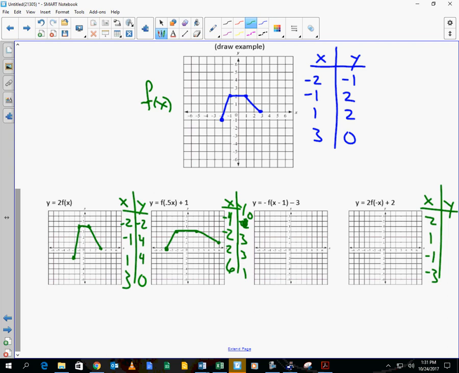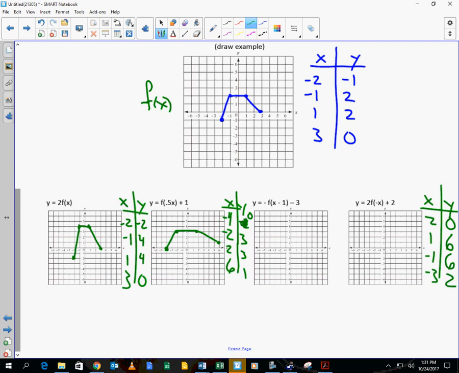Which 2? Okay, times 2 and to what? To the y value. So the y values I'm going to multiply by 2 and then add 2. Okay? So 2 times -1 is -2 plus 2 is 0. 4 plus 2 is 6. 6, 2.